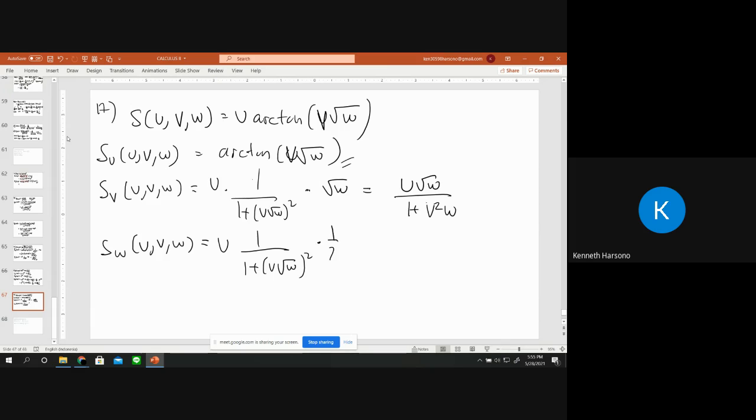This one becomes 1/2 V times W power of minus half. Or we can write it UV all over 2 square root of W times 1 plus V squared W. Okay, something like this. Do you have any question for this one?